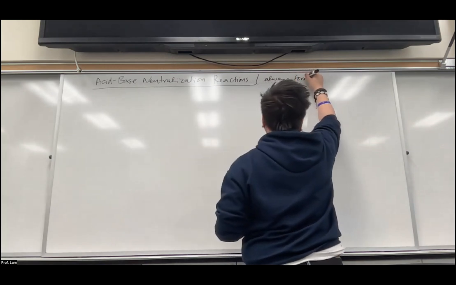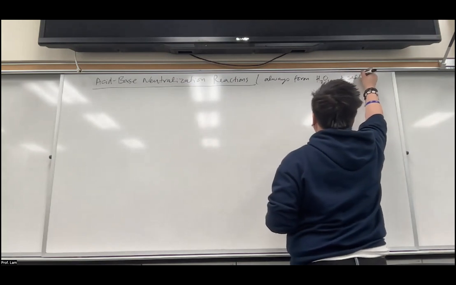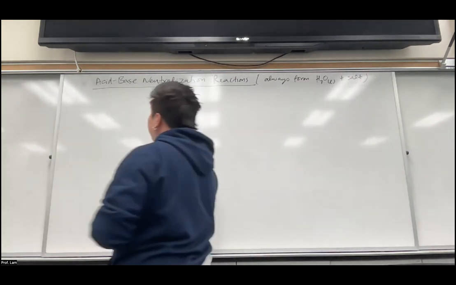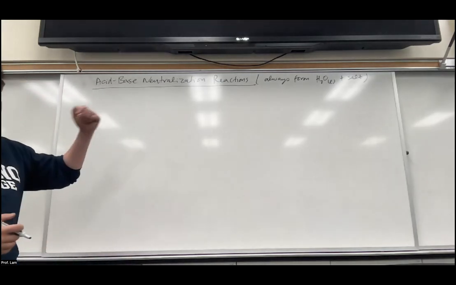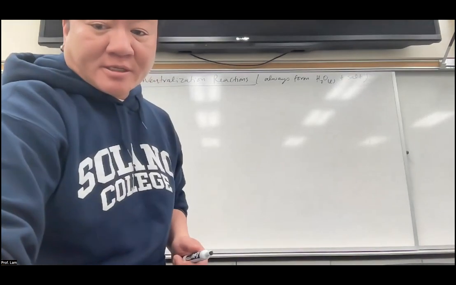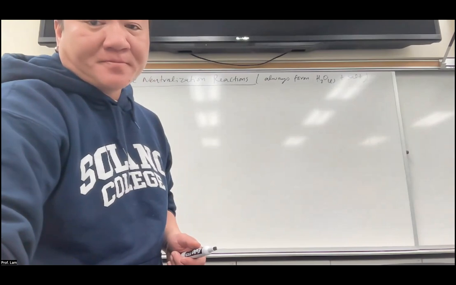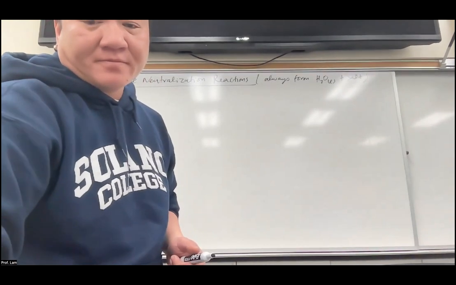It will always form water and salt. Okay, that's the mark of a neutralization reaction, right? That's why it's called that. So let's do a couple examples here. Let's do hydrochloric acid and barium hydroxide.